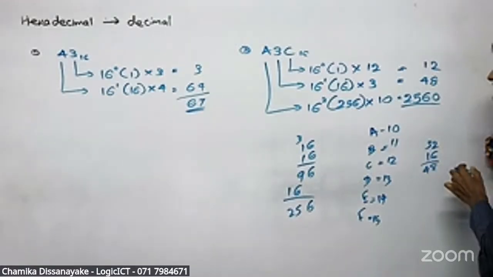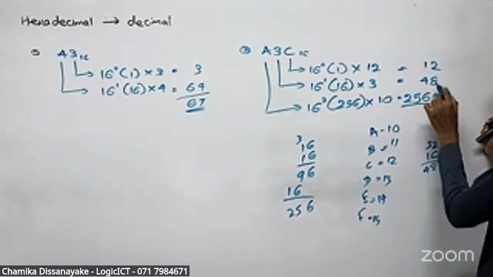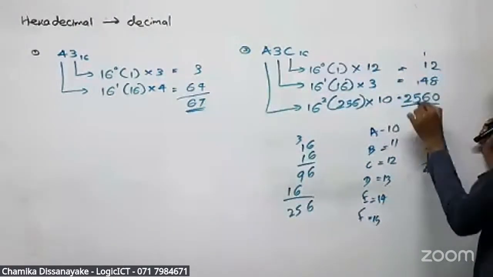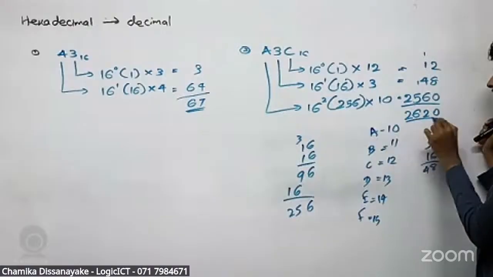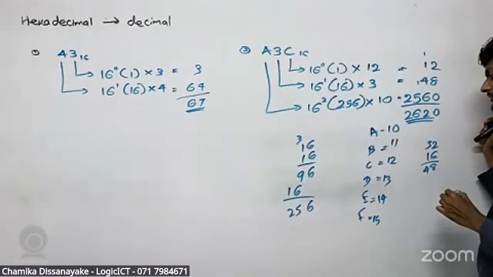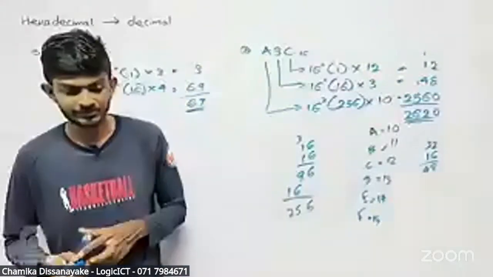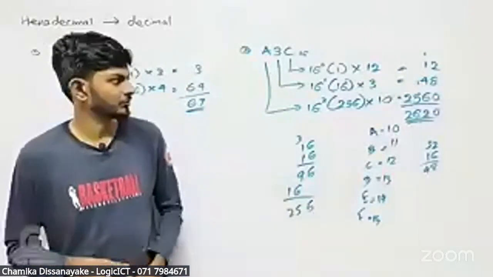Okay, so then we can add these things. So here we have 2560, 48, 12, sorry, 2620. Is this okay? Did you get this one?